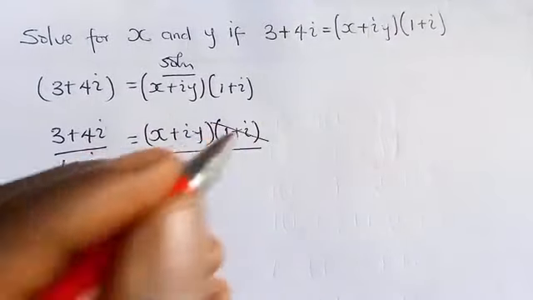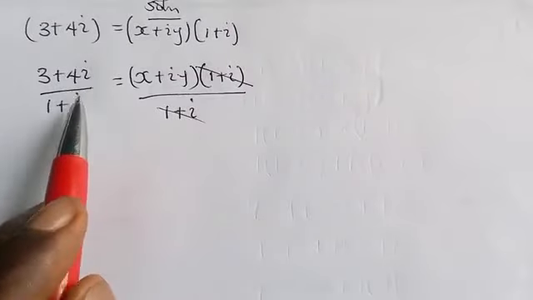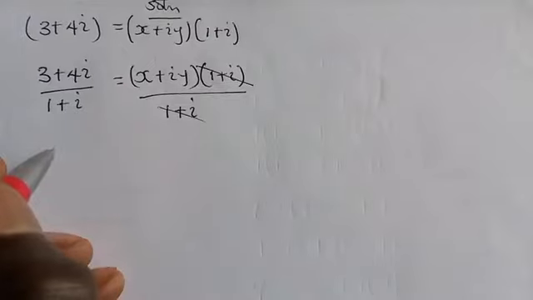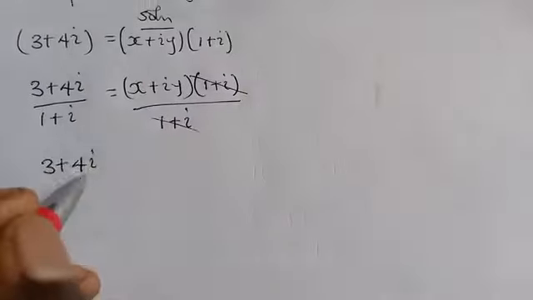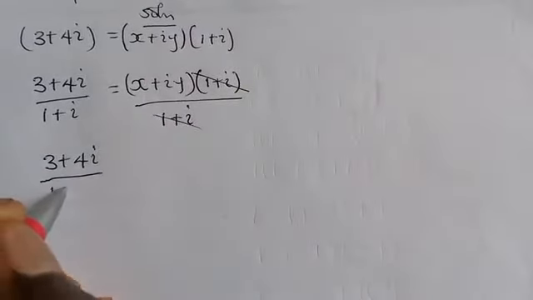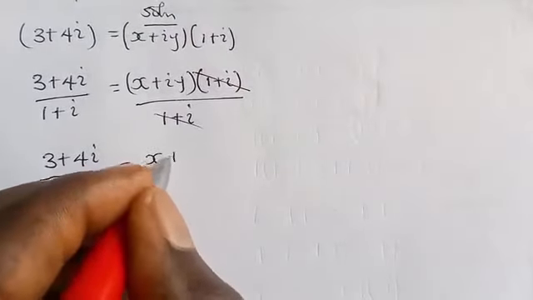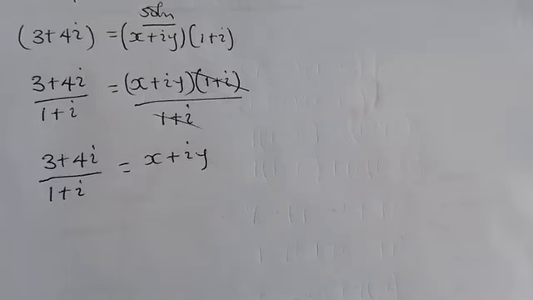This will cancel out, and you have 3 plus 4i over 1 plus i equal to x plus iy. So now this is a division of complex numbers, so we have to solve this by rationalizing the denominator.